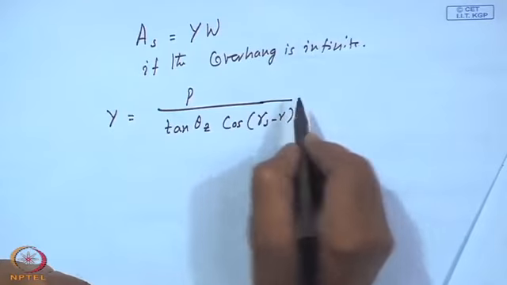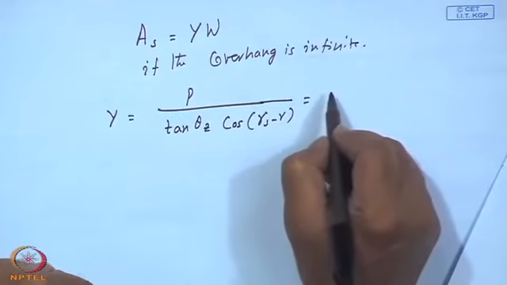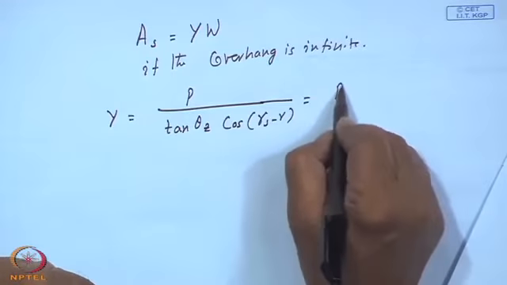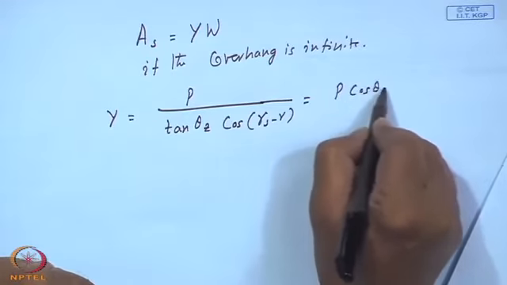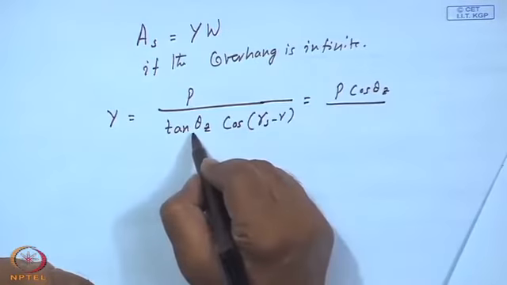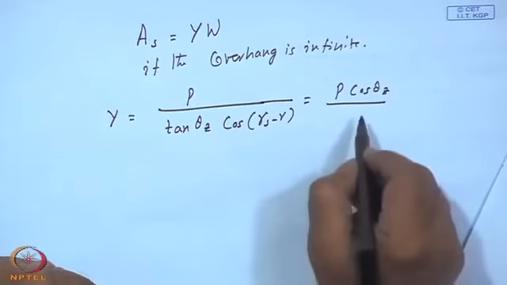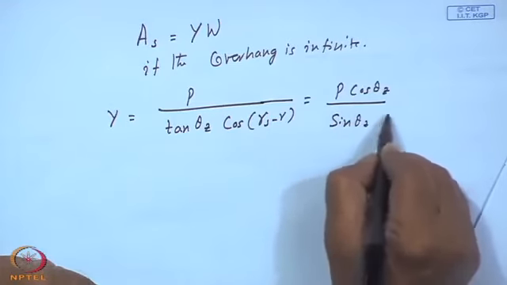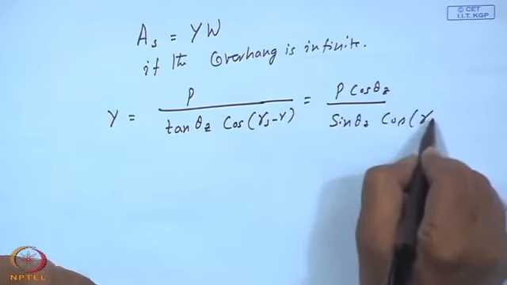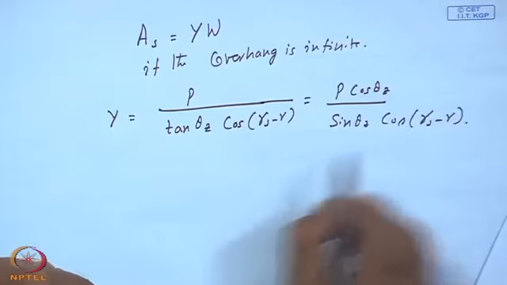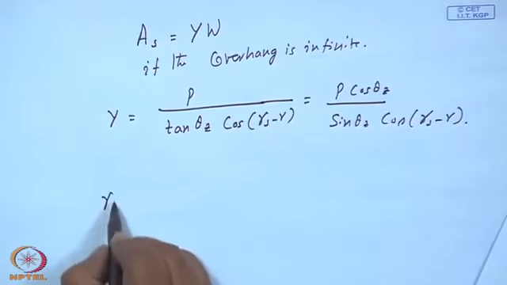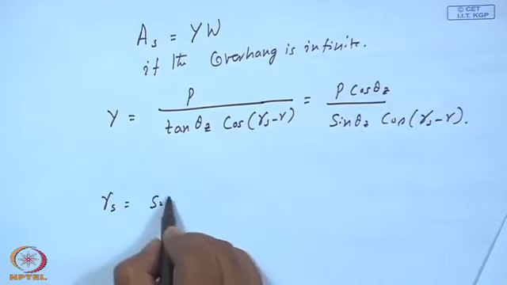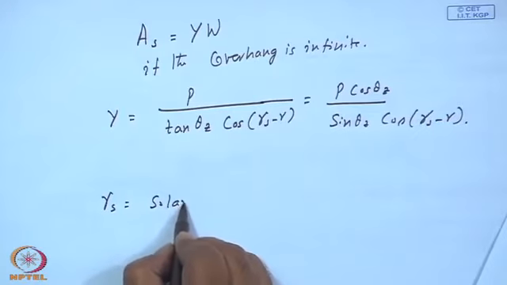I shall explain, which you can easily figure out from the trigonometry: P cos theta z, because this is sin theta z by cos theta z goes up. So, this is your sin theta z into cos gamma s minus gamma, where gamma s is the solar azimuthal angle.